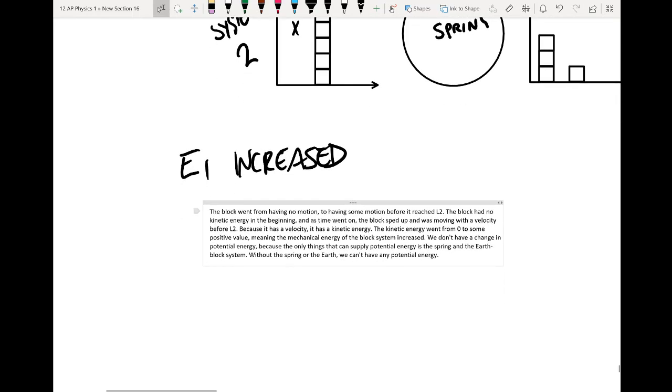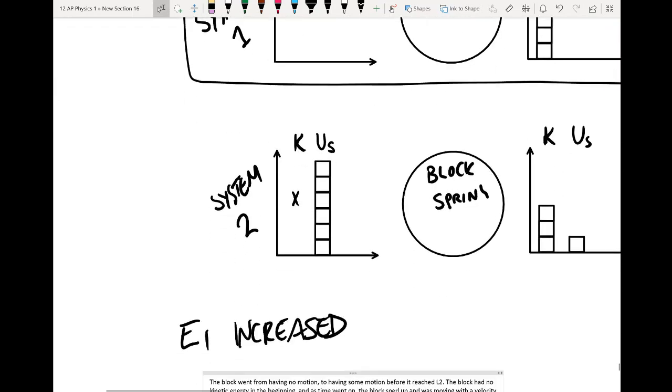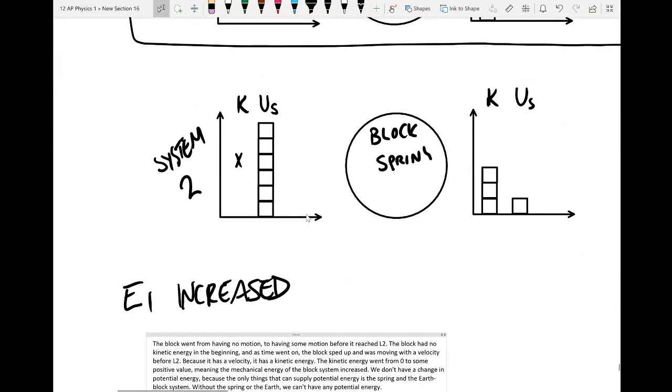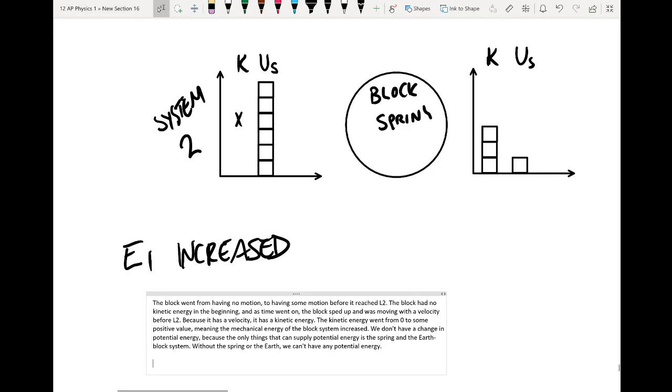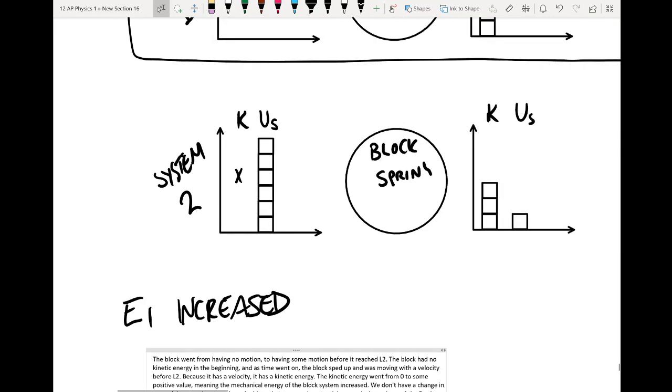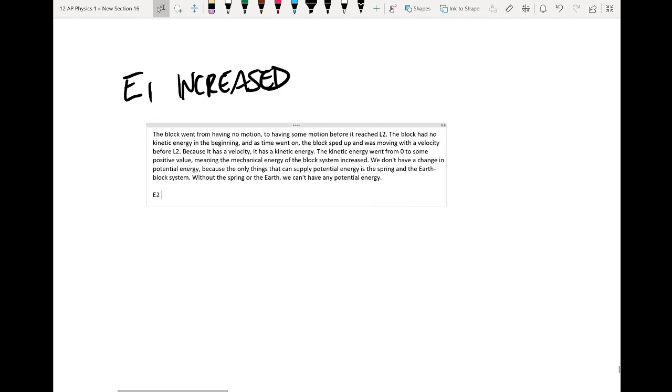So that's for E1. Then we can say E2, we have this decrease. So we see in E2, our total mechanical energy has decreased. The block speeds up, gaining kinetic energy. The spring goes from a stretched position to closer to equilibrium.